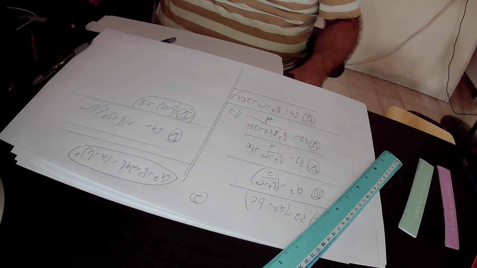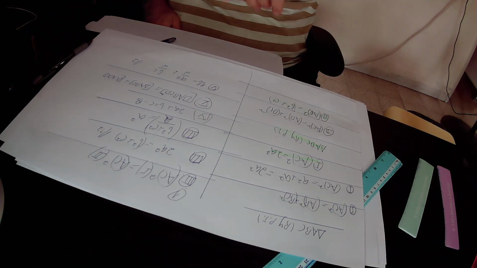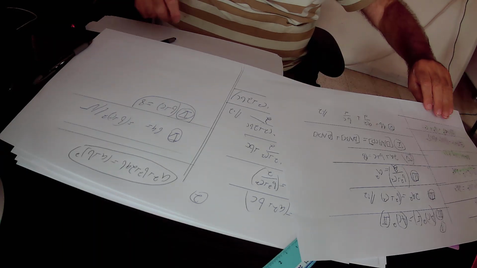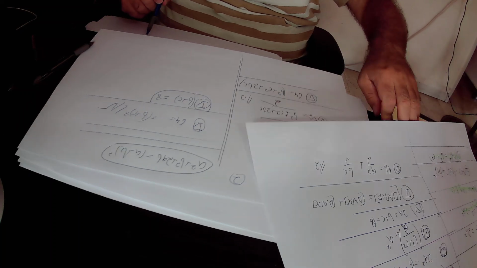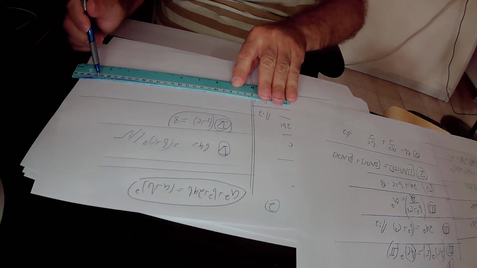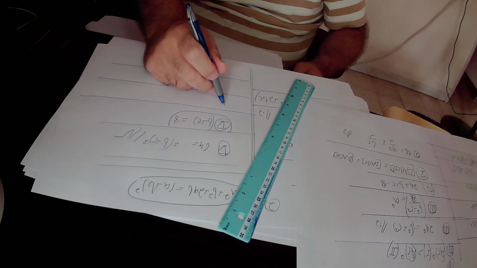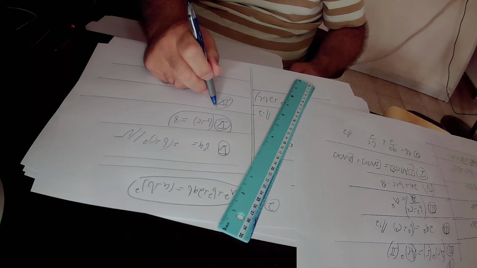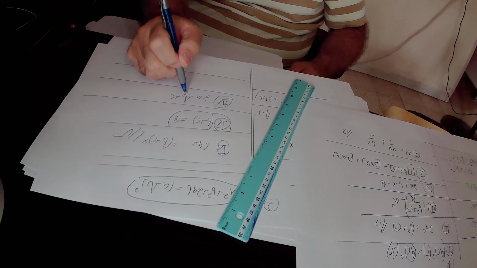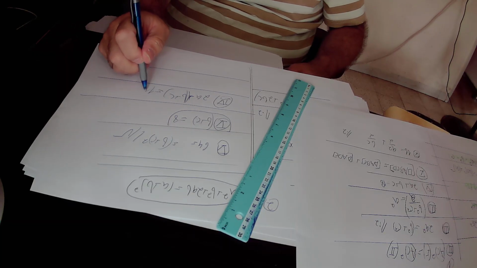According to equation 4, we only found that 2a plus b plus c equals 18.